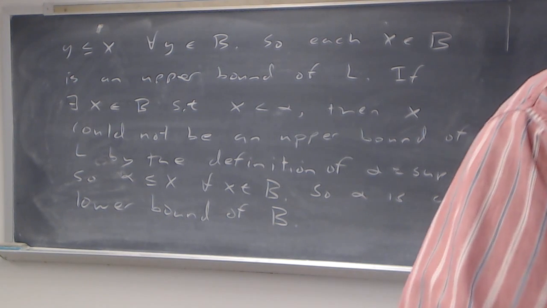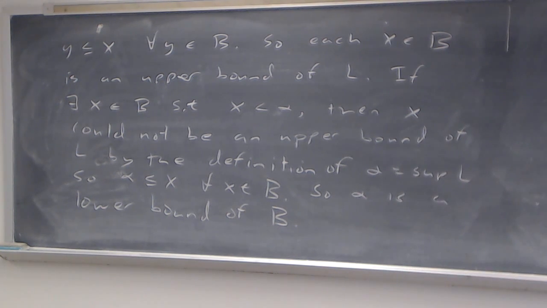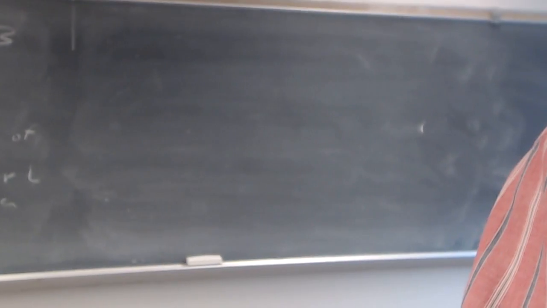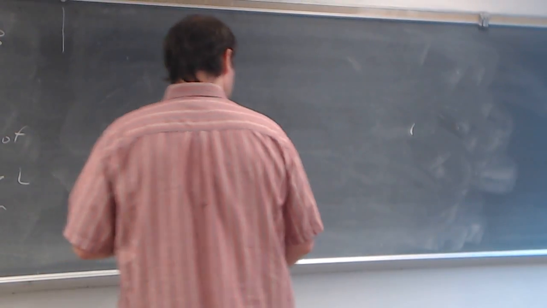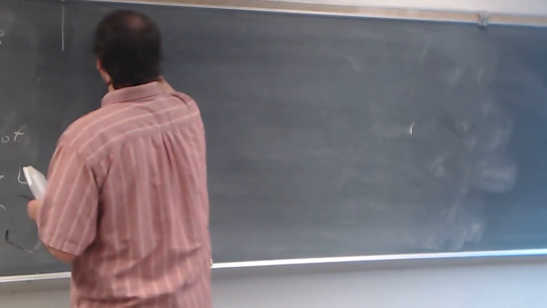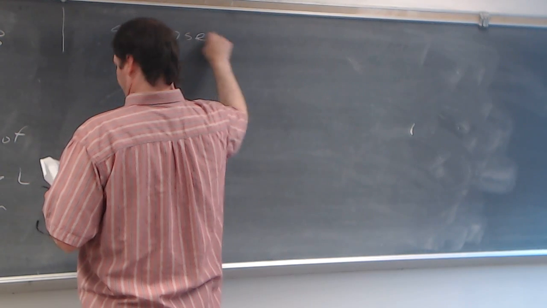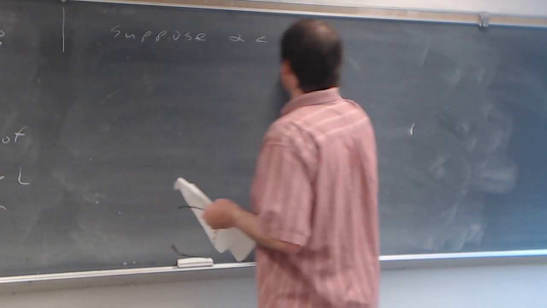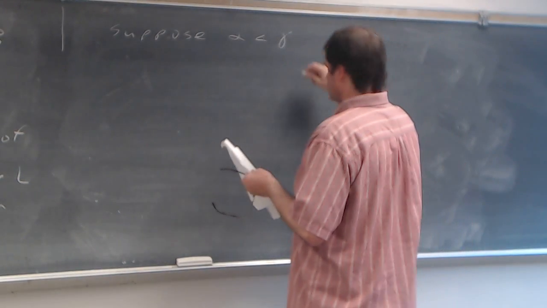Okay, so only one last thing to prove for alpha to be the infimum of B. Suppose alpha is less than some gamma, so give me something bigger than alpha.